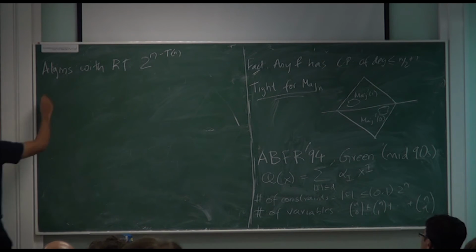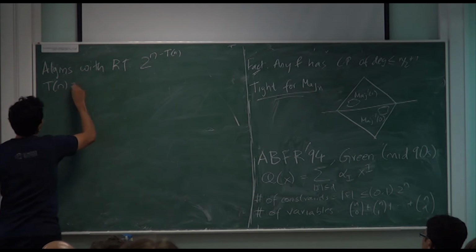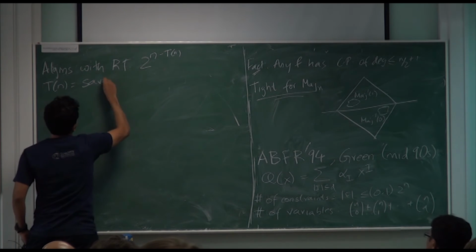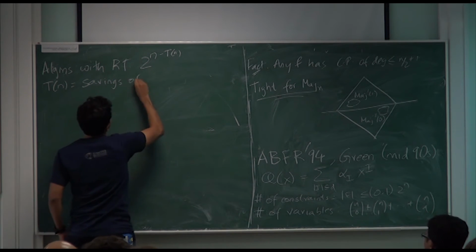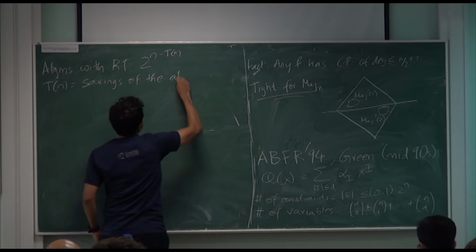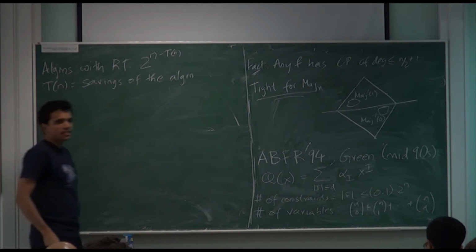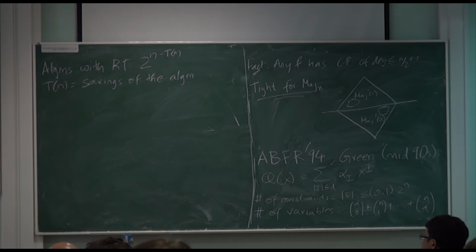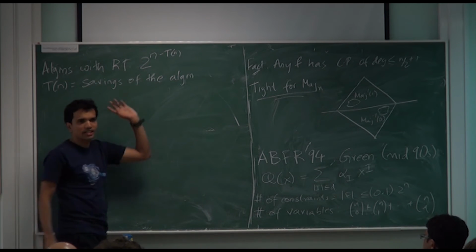This quantity T of n is called the savings of the algorithm, in the sense that this is how much the algorithm is saving over brute force search. If the algorithm had to look at all the inputs, that would be brute force, but here it doesn't have to look at all the inputs. Intuitively, it's looking at only so many, and that's the savings.